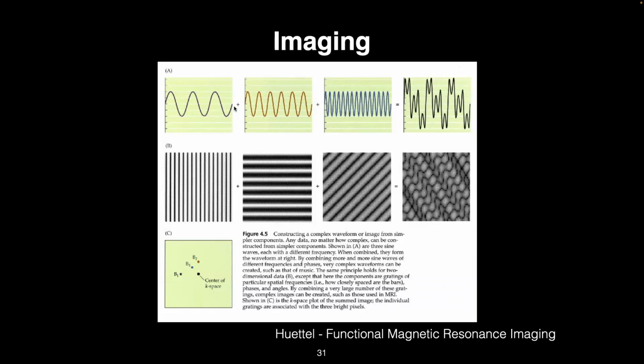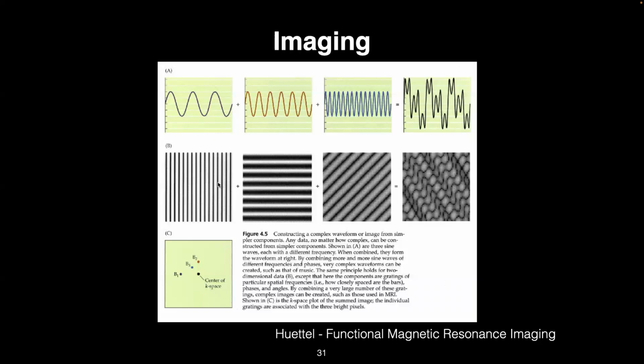So in 1D, the examples that we had where we just looked at one frequency in one position, a frequency in another position, and so on, you add these up and we get this waveform here with a lot of variation over time. But you can extend that to multiple dimensions.